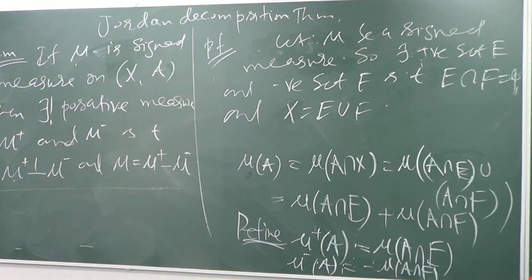Uniqueness is pretty straightforward. So let's prove uniqueness. And in order to show uniqueness, what do you need to show? You need to show that, imagine you have another decomposition for mu.